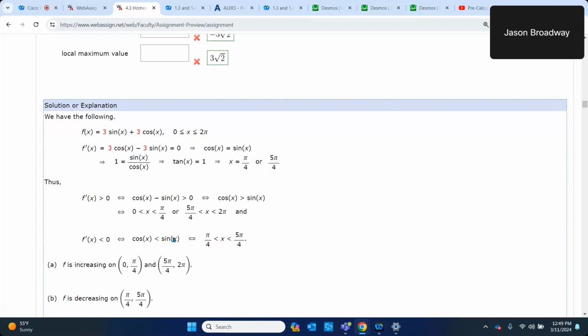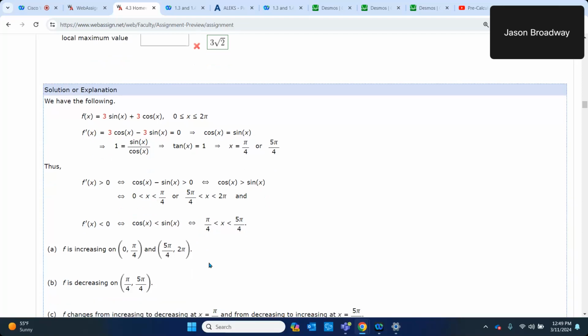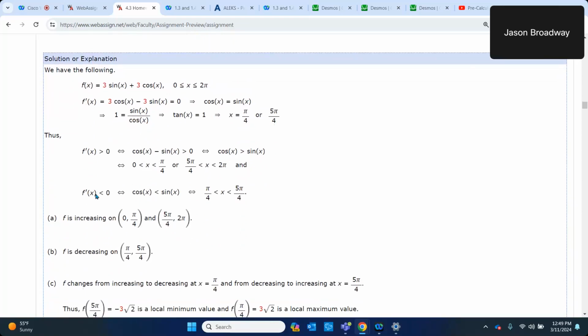And any test point on the other interval between pi quarter and 5 pi quarter will give you a negative F prime. This function will go negative on you. Because F prime is positive on these two intervals, the original F is increasing. And because F prime is negative on this single interval, F is decreasing on that interval.